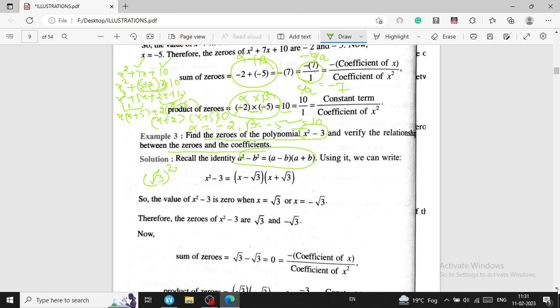So we use this in the formula: x minus root 3, x plus root 3. Now alpha is equal to root 3 and beta is equal to minus root 3.